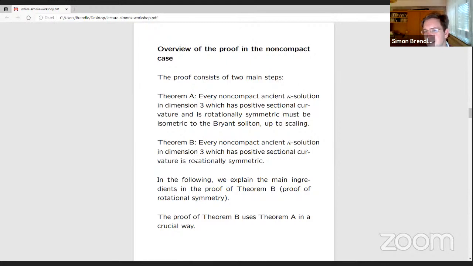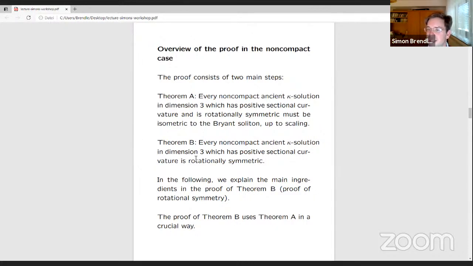So basically, this is just saying that no counterexample to Perelman's conjecture can be rotationally symmetric. Of course, the advantage here is that you can make use of all the simplifications that come with the assumption of rotational symmetry.